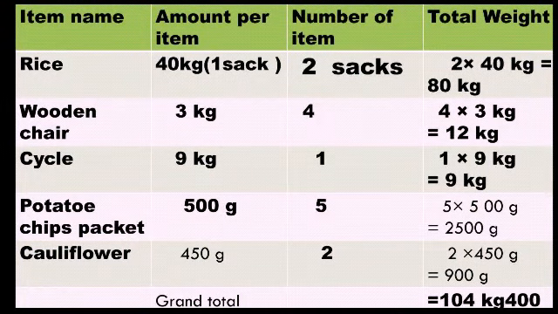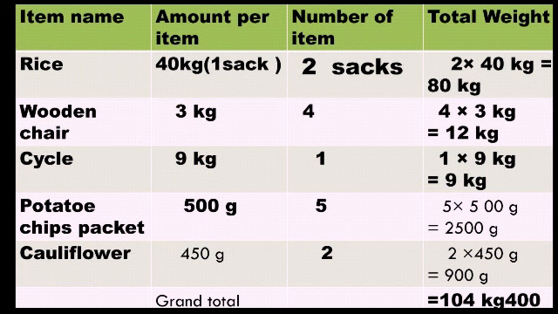Here I will show you the solution of the 7th question. See, I have made a chart, and in this chart I have made 4 columns. First column is item name, second column amount per item, third column number of items, and fourth column total weight. So the first item name is rice. Amount per item means 1 sack of rice is 40 kg, and he bought 2 sacks.